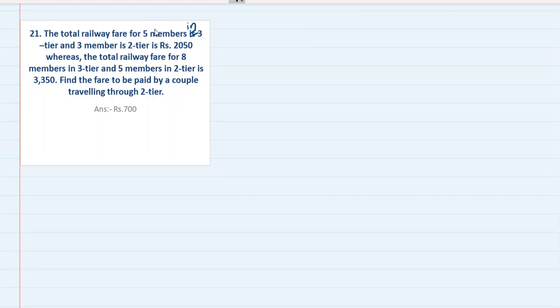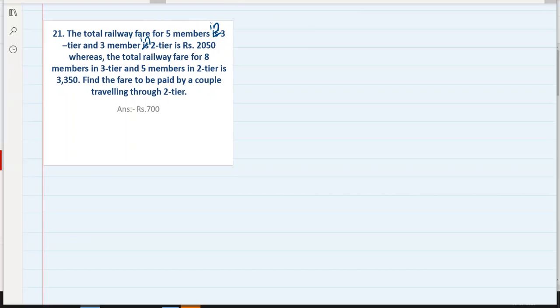One second, let me just check. The total railway fare for 5 members in 3 tier, yeah, in 3 tier, and 3 members in 2 tier. Do you know 3 tier and 2 tier? What is the meaning of 3 tier and 2 tier?